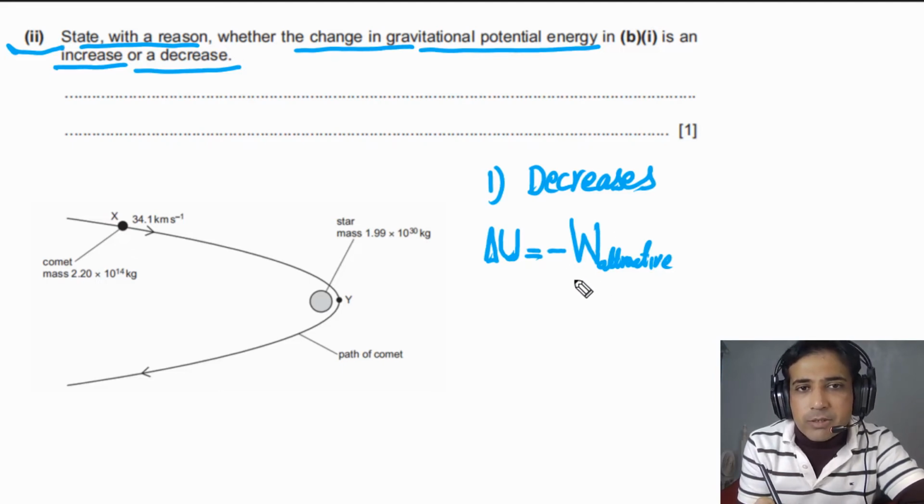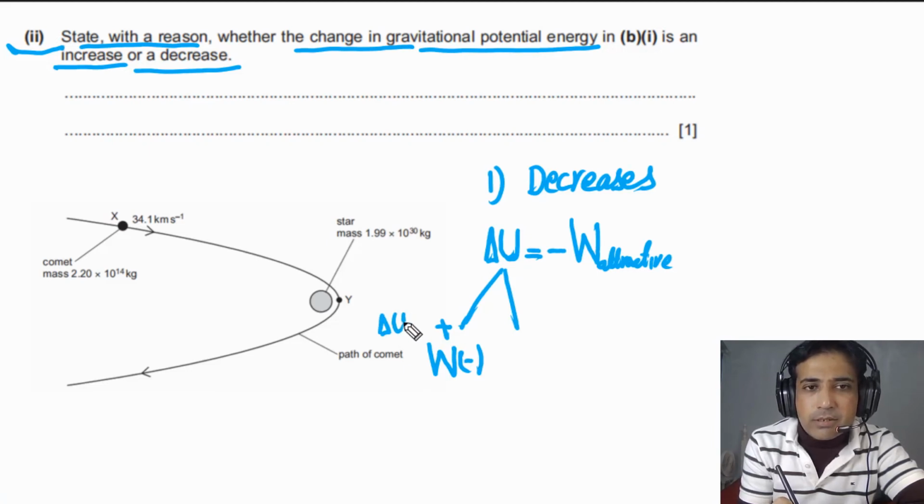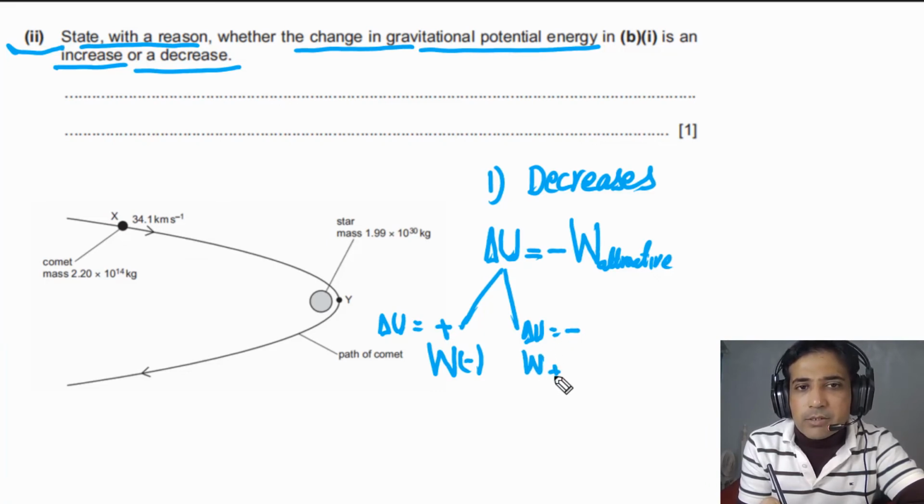So we can write 2 points here. If work done is negative, delta U will be positive, and delta U will be negative if work done is positive.